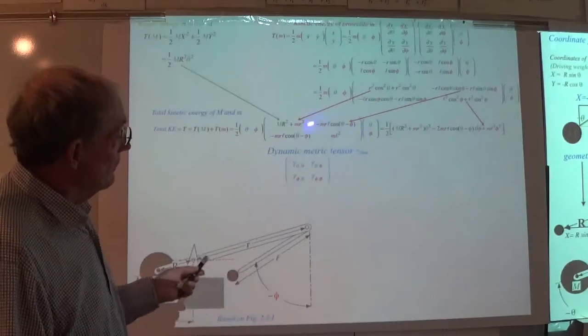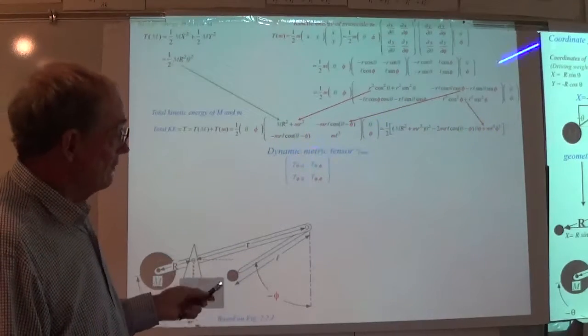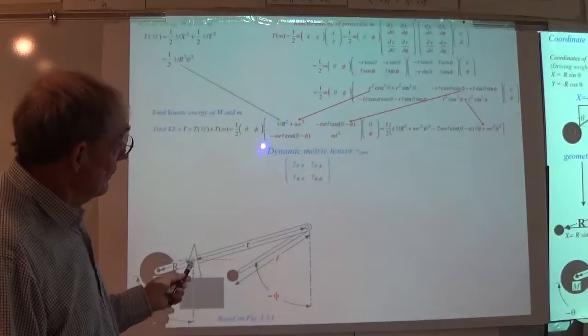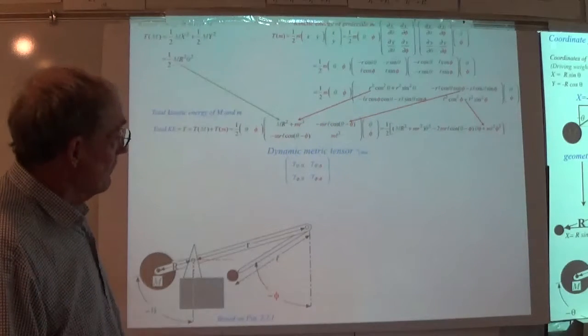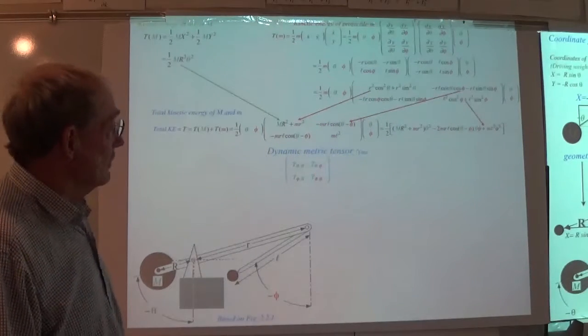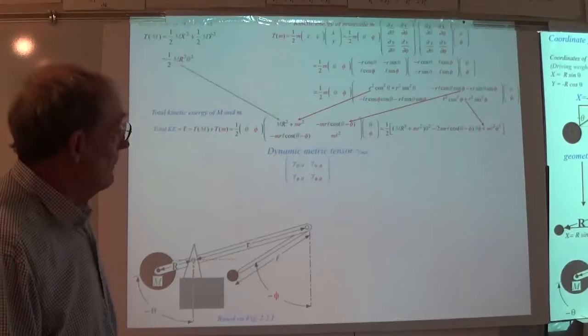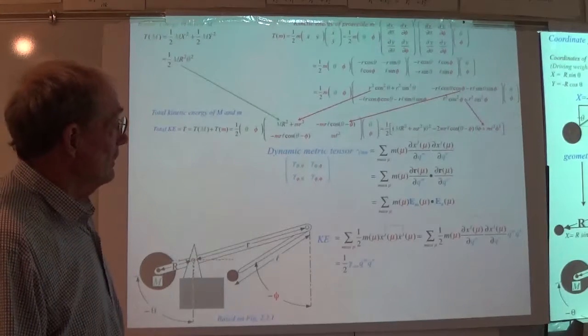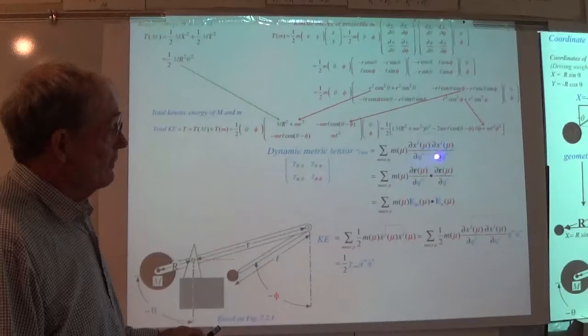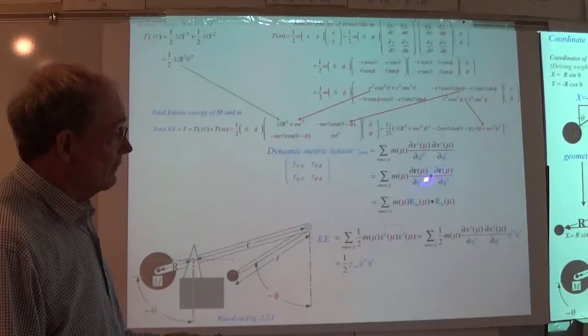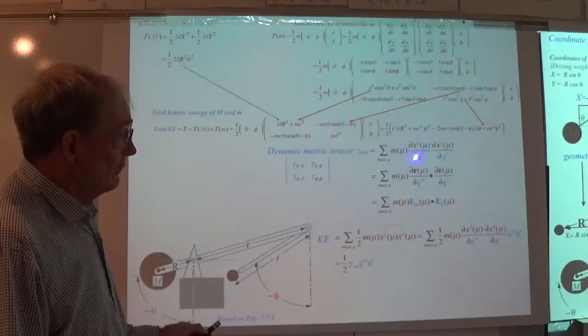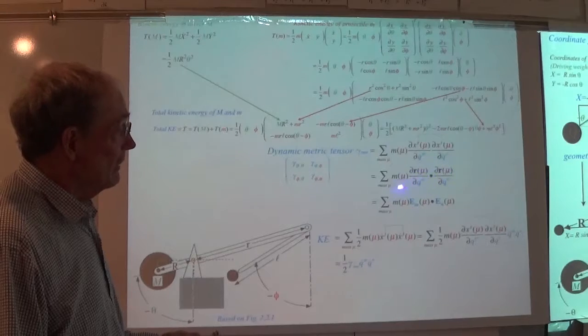So putting them both together makes what we want. And there is this thing that's called a dynamic metric tensor, gamma. So it plays a role of G, but it is gotten by scalar products of these partial derivative expressions here.